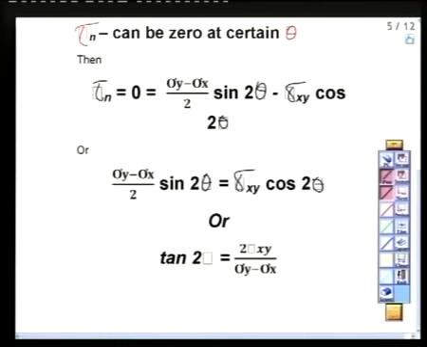Or tan 2 theta, because it is sine over cosine, equals 2 tau xy divided by sigma y minus sigma x.